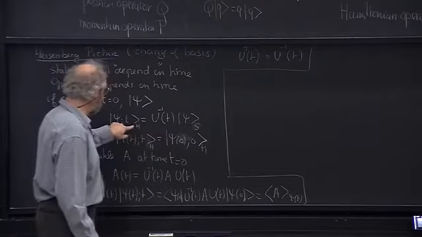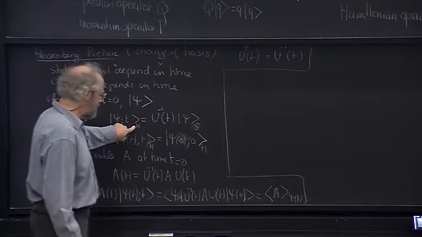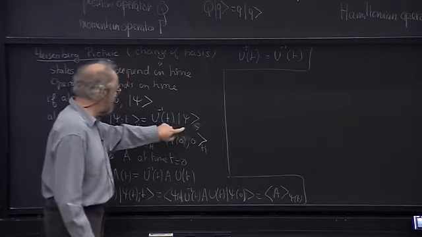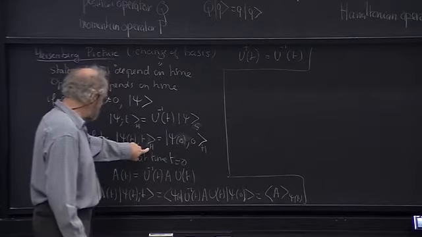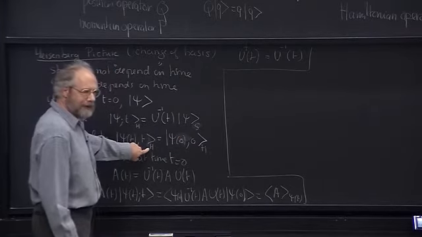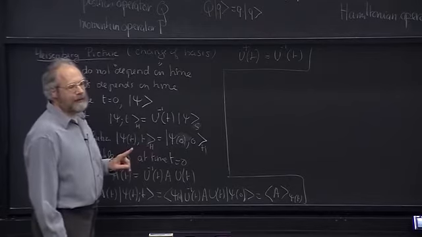So this is the relation between the vector that represents a given state in the Heisenberg picture and the vector that represents a given state in the Schrödinger picture.